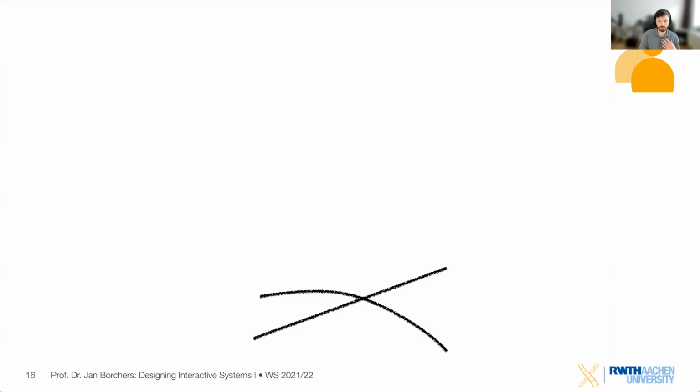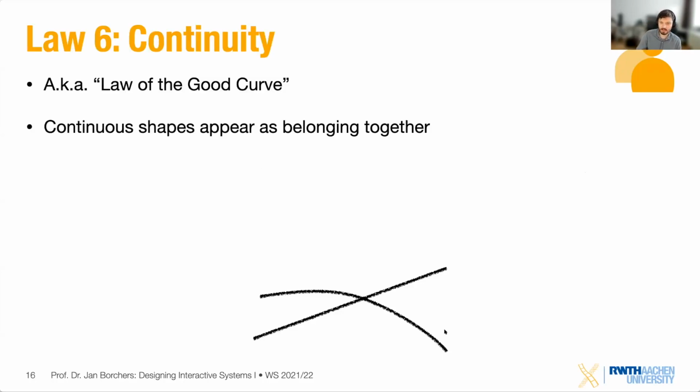What applies here is the law of continuity. So instead of saying that we have 4 lines which meet at some point, we say we have 2 lines because the line continues the same way as it did before.